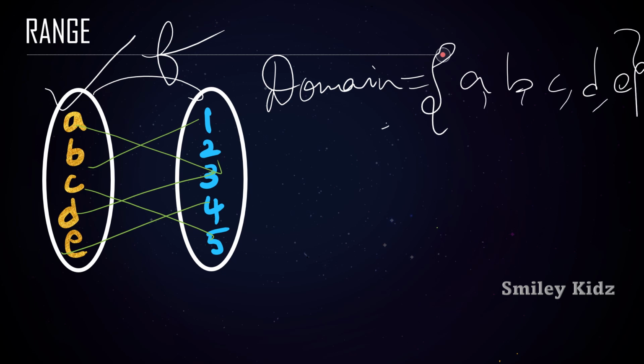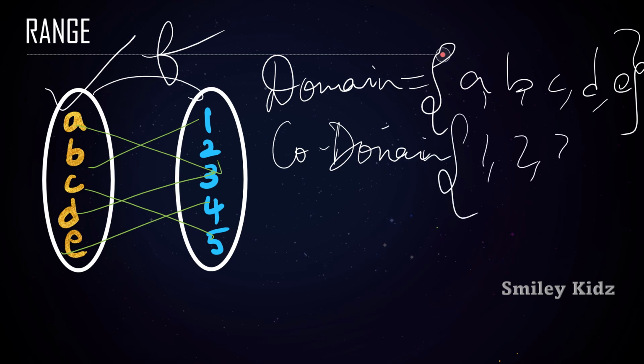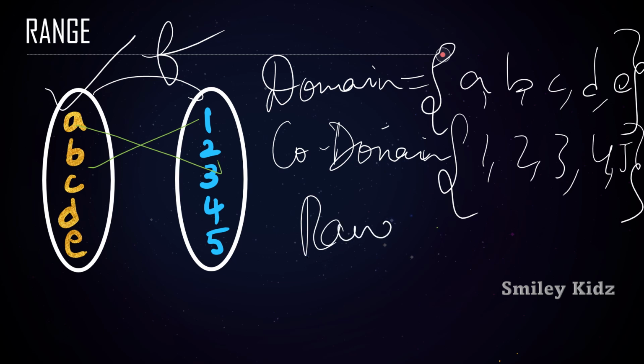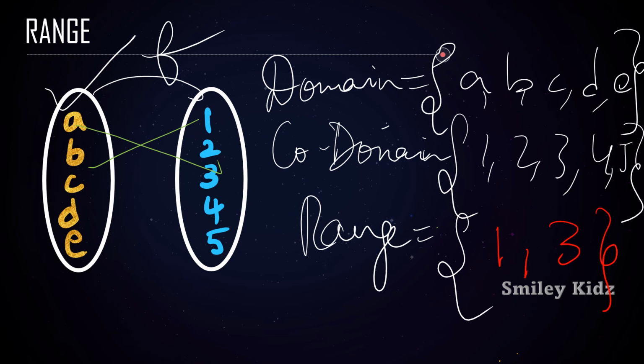If I need to find out codomain, it's the same again, right? What are they? 1, 2, 3, 4, 5. But unfortunately, due to some error, they got erased. Now I say find out range. Now what is my range? Range is only 1 and 3. Why? Because I see only 1 and 3 getting mapped with the elements in set A. That is called range.